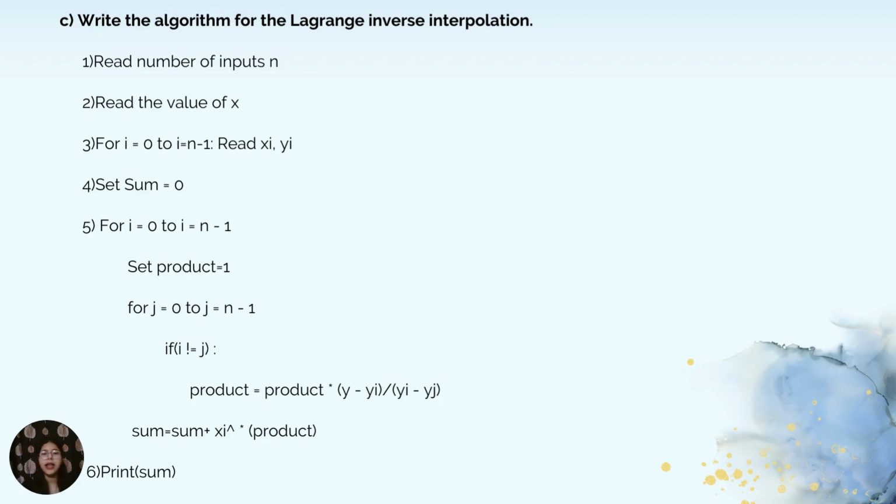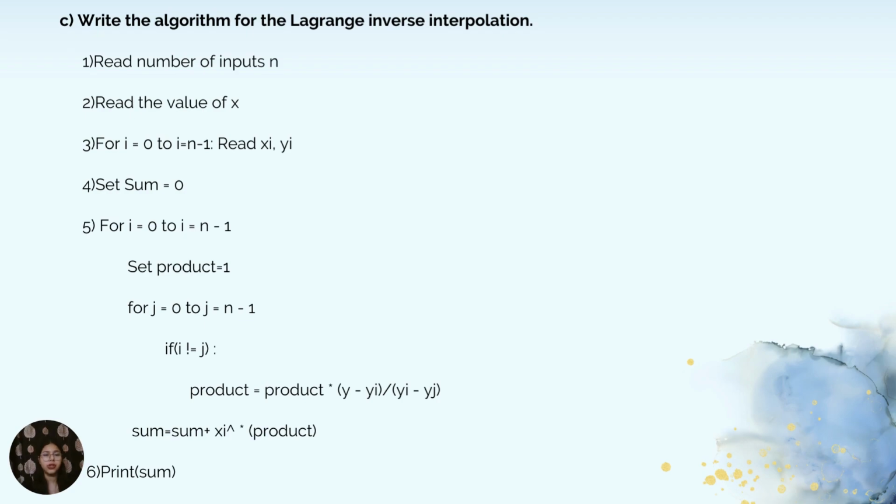Part C. Write the algorithm for Lagrange's inverse interpolation. First, read the number of inputs, and second, read the value of x. Third, for i equal to 0 to n minus 1, read xi, yi. Fourth, set sum equal to 0. Fifth, for i equal to 0 to n minus 1, set product equal to 1.